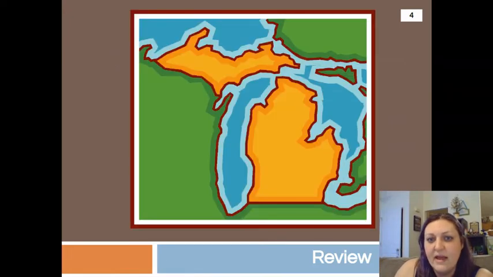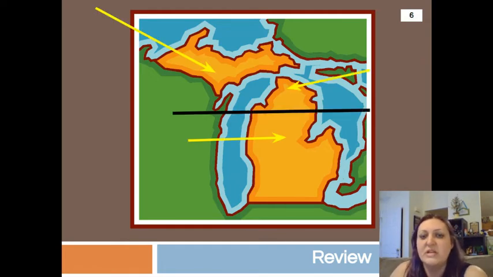So if we look at Michigan, which is in yellow, we can actually divide Michigan into 2 different peninsulas. We have the upper peninsula up here and the lower peninsula where we are. So that is a way that we can regionalize or divide Michigan to split it up and make it smaller groups and find things that they have in common.